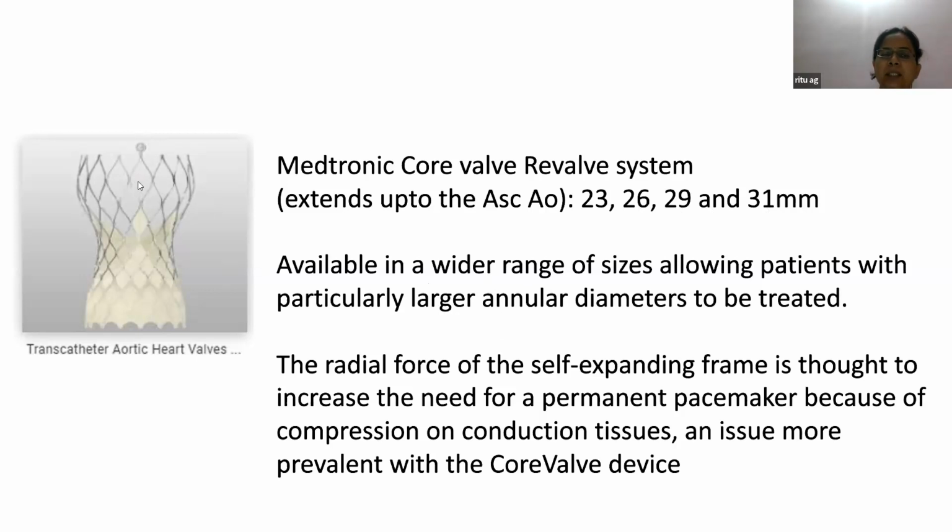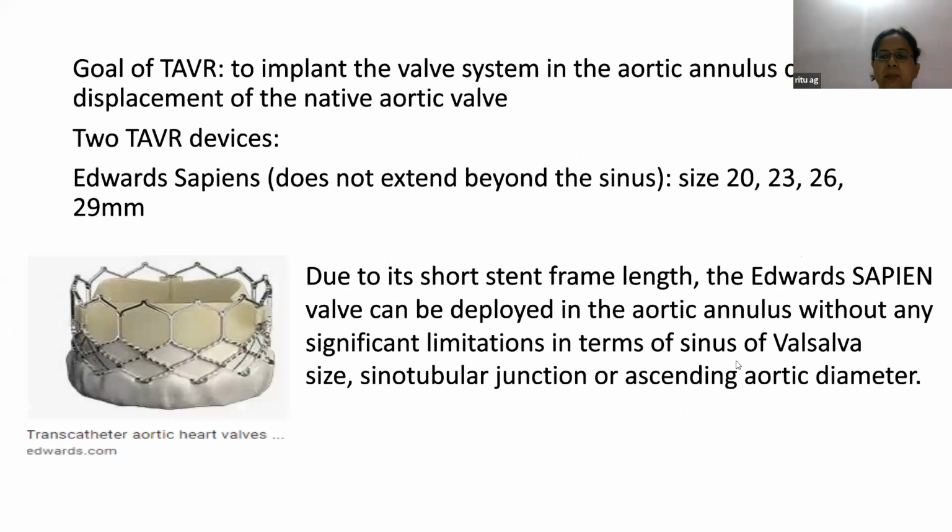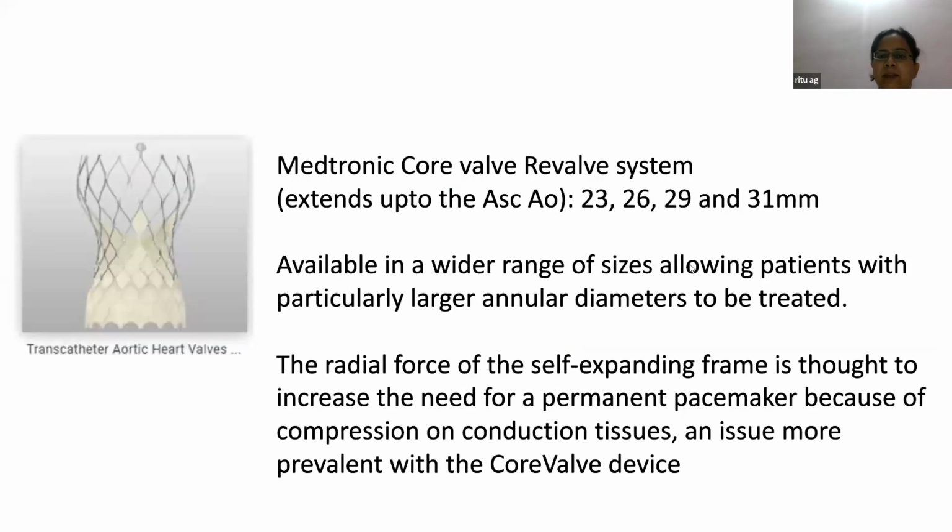The disadvantage is that because this extends into the aorta, it closely abuts the LVOT, where we have the AV node. Therefore, this valve sometimes damages the conduction system and may need a permanent pacemaker. So when we have any problem with the aorta, we would prefer this valve, and when we have a larger annular diameter, we would prefer this one.